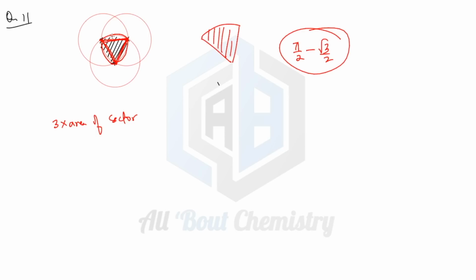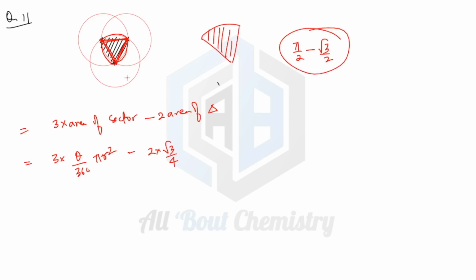But when you calculate these 3 sectors, you are counting the internal triangle 3 times, so you have to remove 2 times of that. So the area of the triangle has to be removed, and this gives you the answer. Area of sector is theta upon 360 pi r square, minus the area of the equilateral triangle, which is root 3 upon 4 into side square, where side is equal to the radius of the circle.